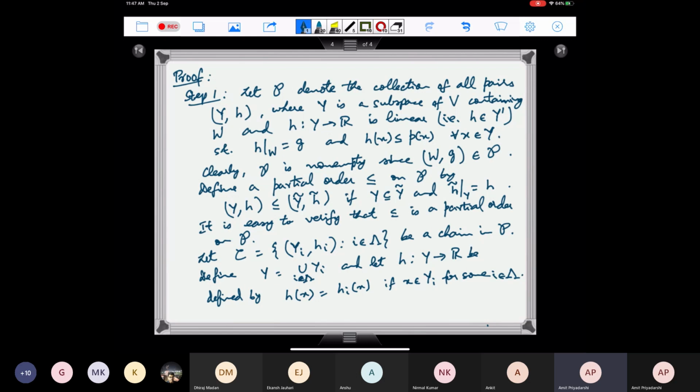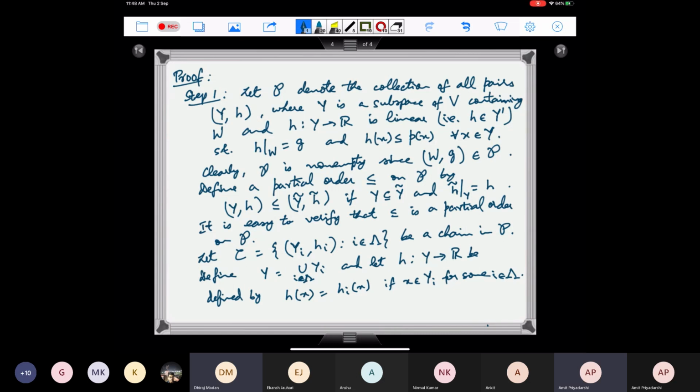Right? What you need to see is that this h is well defined. So suppose x belongs to Y_i as well as Y_j, then how do I know that h_i of x is the same as h_j of x? Because either (Y_i, h_i) is less than or equal to (Y_j, h_j), or (Y_j, h_j) is less than or equal to (Y_i, h_i). In either case, one is a restriction of the other.